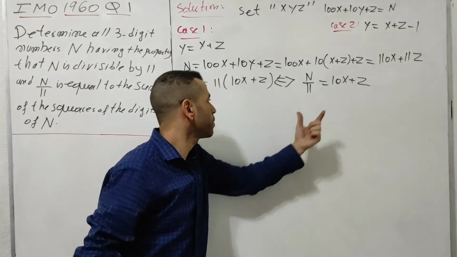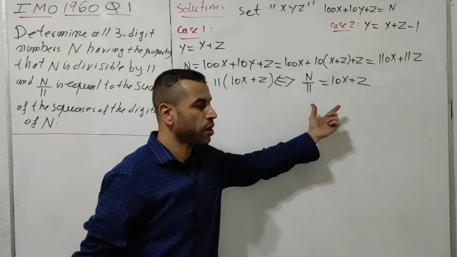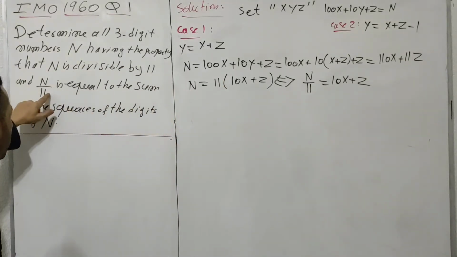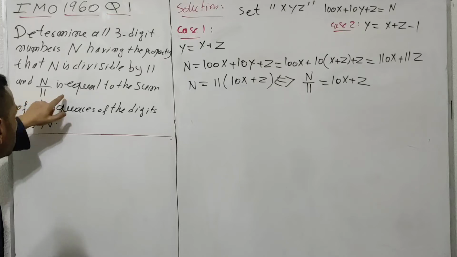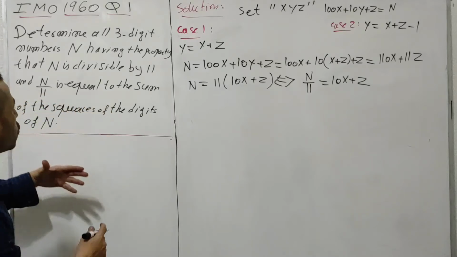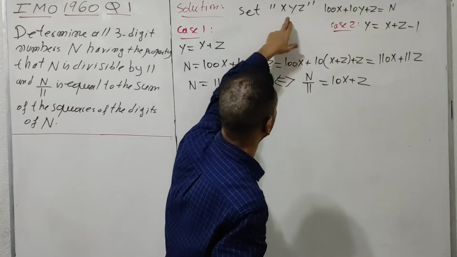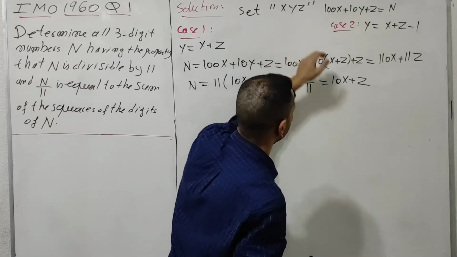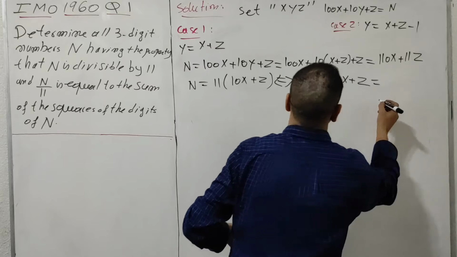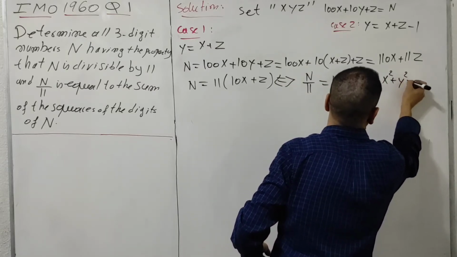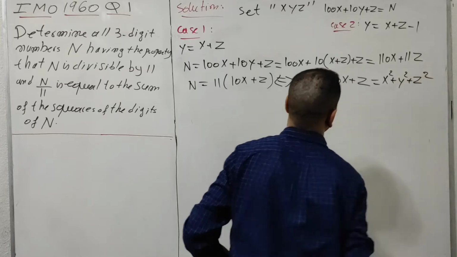Now I'm going to work on the second property. As we said before, this number n over 11 is equal to the sum of the squares of its digits, that means x square plus y square plus z square.